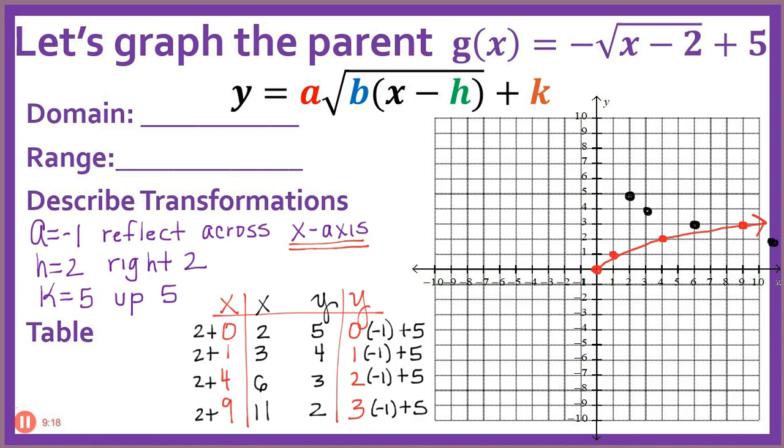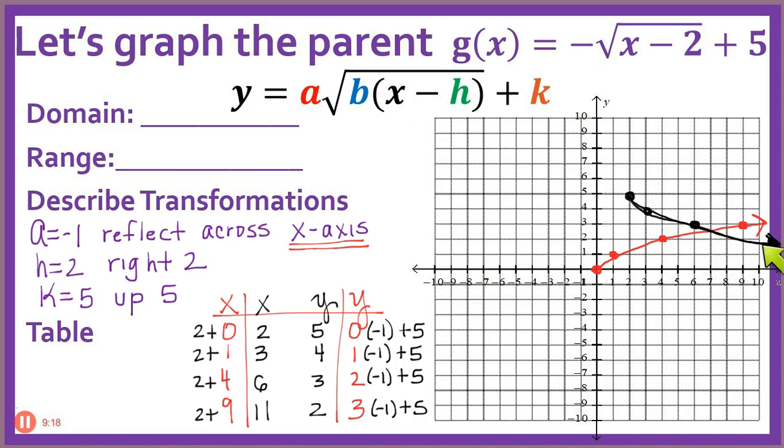Okay, so we're going to connect it, and it's going to look different because this is flipped upside down. Notice how this graph is upside down. I like to think of a square root as an eyebrow. If you look at the parent, it looks like an eyebrow. This is an upside down eyebrow, and it's upside down because our a value is negative.